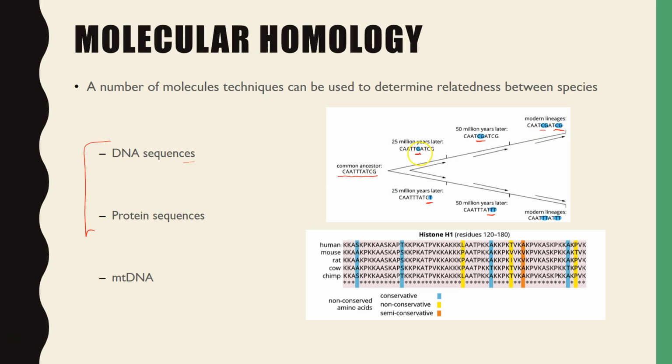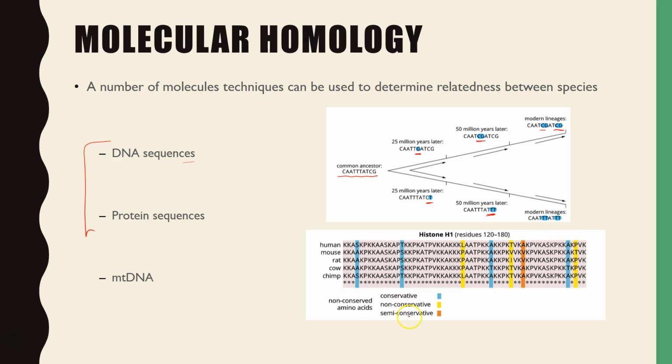This common ancestor has only one difference to this species here, so therefore it's more similar to the common ancestor, whereas this species here has two differences in its DNA sequence compared to the common ancestor, so it's more distant. So the more time that goes on, the more types of mutations occur, which will result in the greater difference.